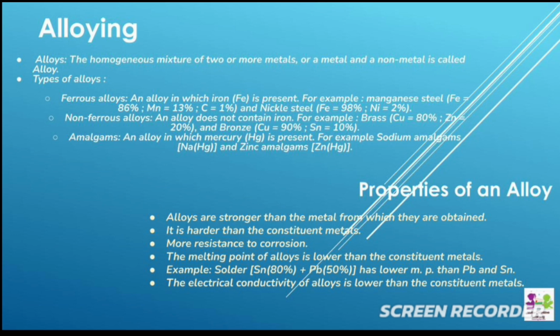It is basically an alloy, a combination of tin and lead. It has a lower melting point compared to lead and tin, and that is the reason it is used for soldering. And the electrical conductivity of an alloy is also much lower than the constituent metals.